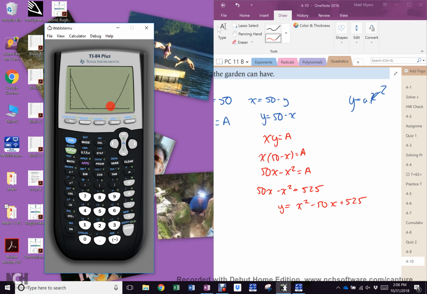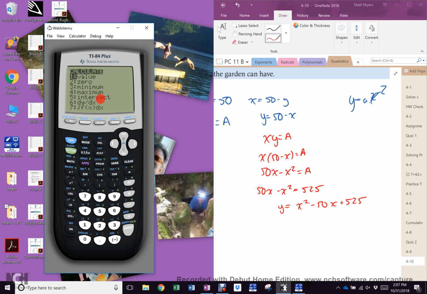Who remembers how I find those values? It's okay. We've only practiced with this once. Everybody hit second. Everybody hit trace. You can see that the second is calculations. What do I want? A value, a 0, a minimum, maximum, intersect, dy/dx.